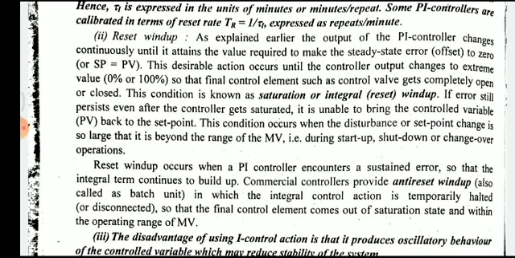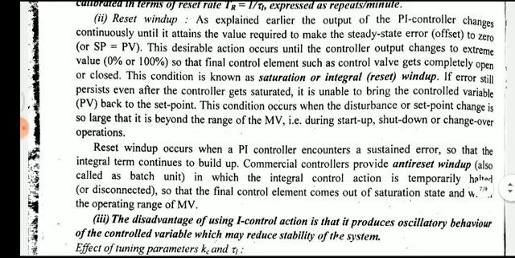Extreme value is defined by the range of 0 to 100 percent. So the final control element, such as a control valve, gets completely open or closed. This condition is known as saturation or integral windup.